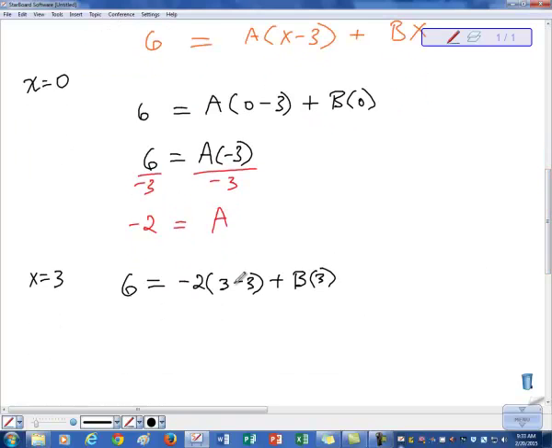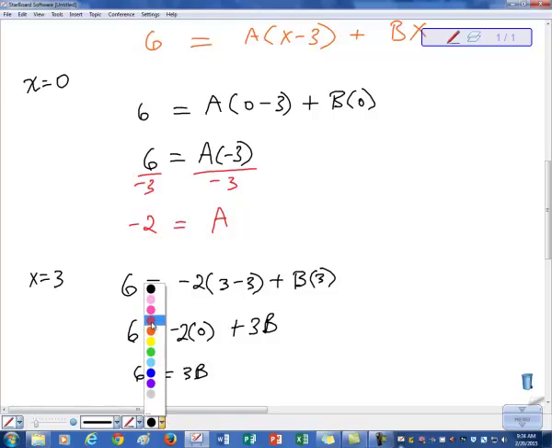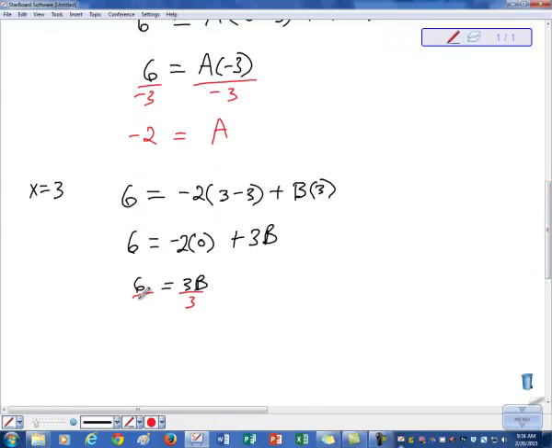Well, here negative 2 times 3 minus 3 will be 0. Negative 2 times 0 plus 3B. Now we can isolate the B, and we divide both sides by 3, and we get B equals 2.